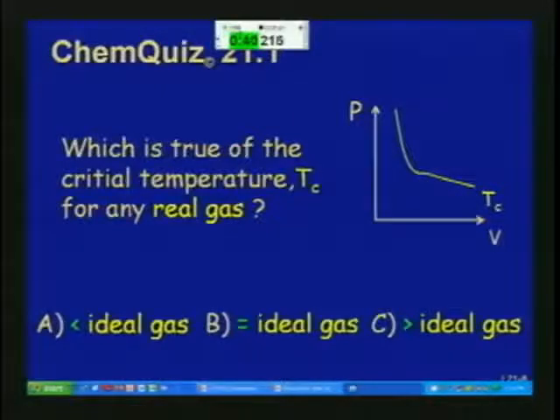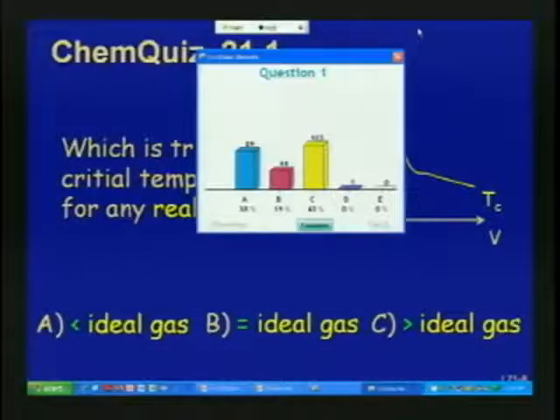Get it right, please. That's a very long 90 seconds, isn't it?